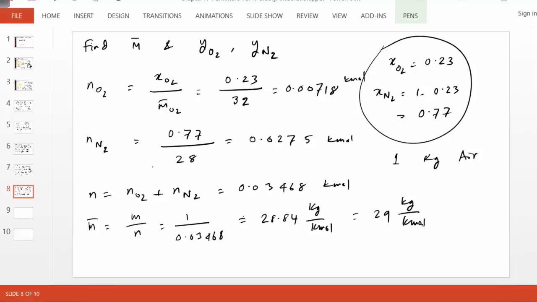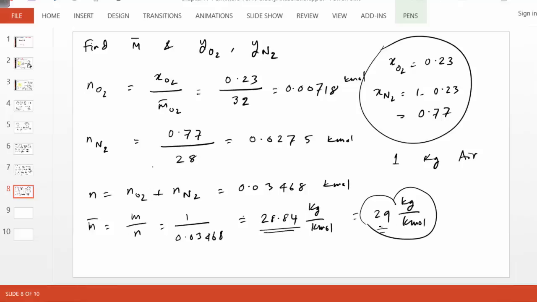That's a standard. The reason is that it is not just rounding up. It is because air has a tiny bit of CO2, and CO2 is heavier than nitrogen and oxygen, with a molar mass of 44 kg per kilomole. So that has a tendency to raise this. So this is a very good approximation that air has a molar mass of 29 kg per kilomole.